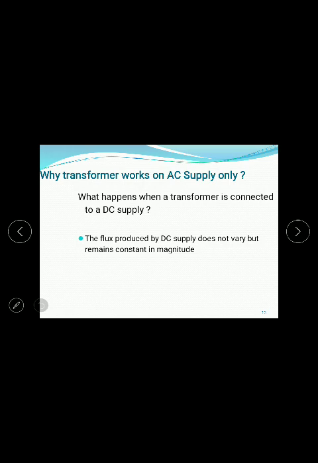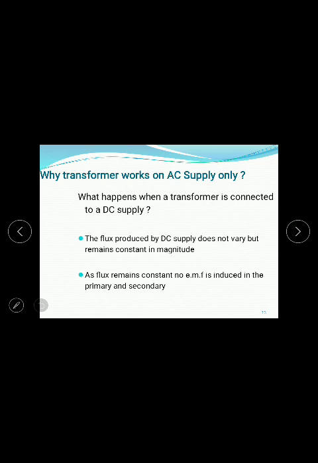It is not a changing flux; it is constant flux, remaining constant in magnitude. If flux remains constant, no EMF is induced in the primary and secondary.